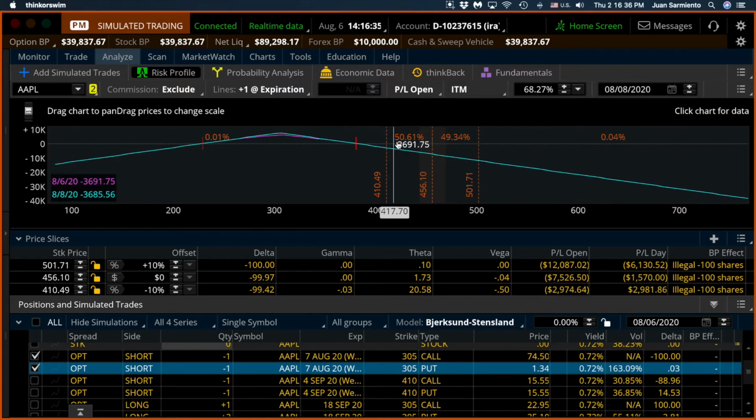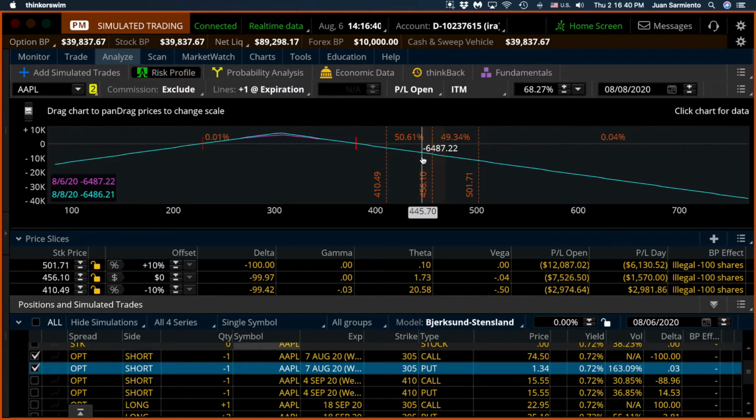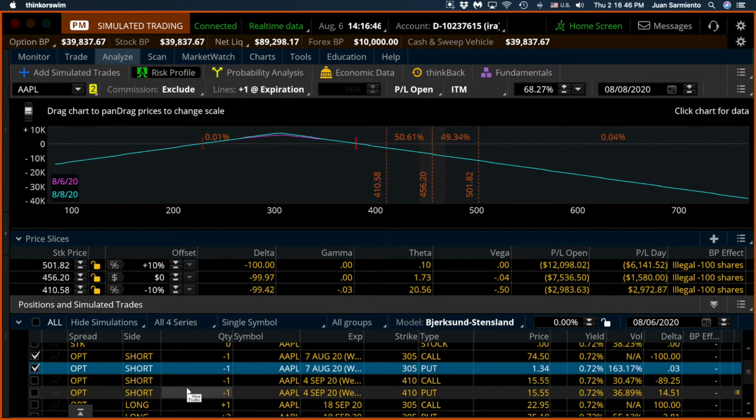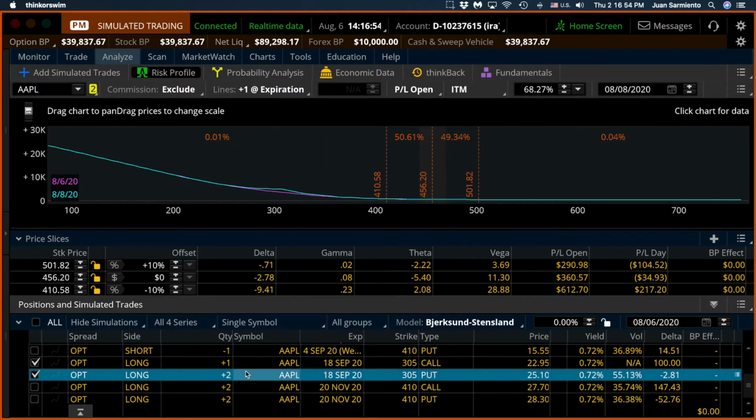Okay, that's a strangle, I mean, a straddle that is doing poorly. It doesn't matter because I have the long straddle here. Two long straddles plus one short put. So this is a very bearish trade, but it stays there. It doesn't bother me in any way.